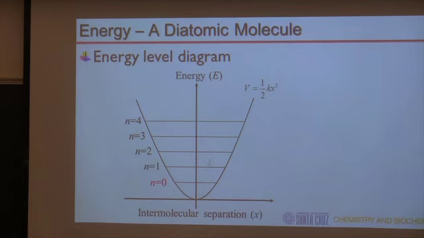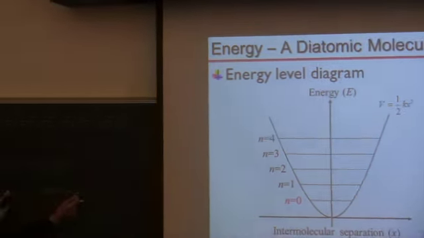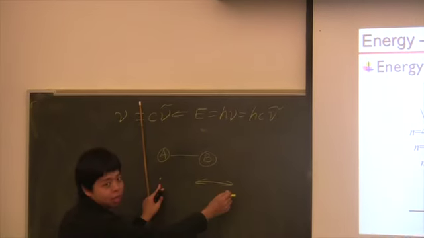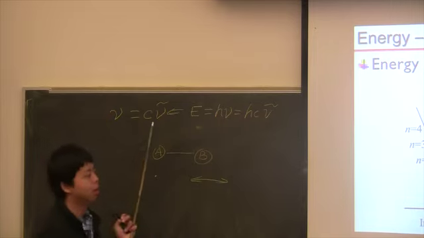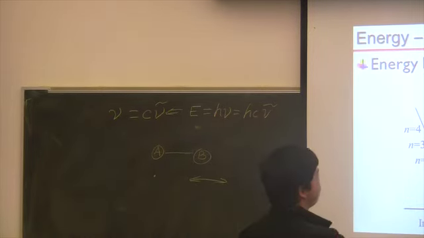But we can think we fix A and we vibrate B, so the distance between A and B actually changes. So x is the intermolecular distance or separation.